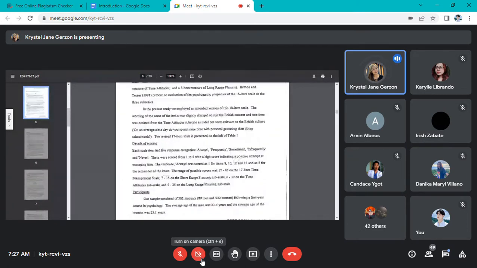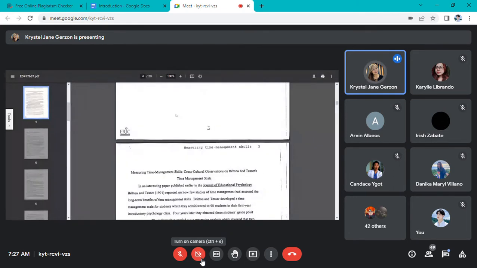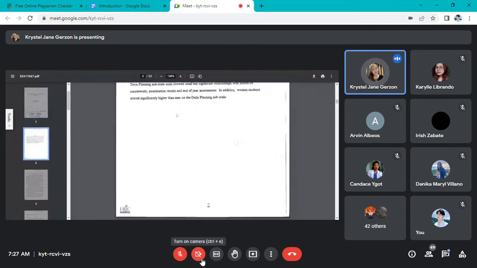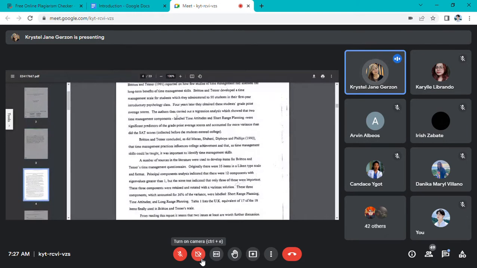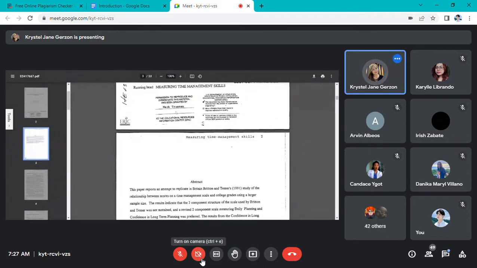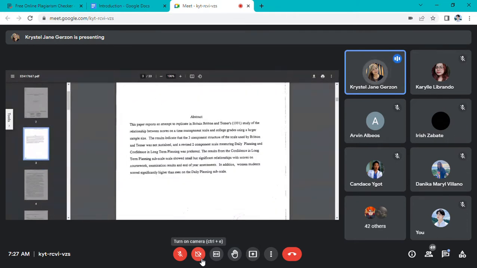So what you just need to do is tan-awa sa inyong scale. Most of the time, if naa sa inyong scale, I would ask you to mention that in your statement of the problem. And if imo nang basahon, ang ilang term diri is component. So, short range planning.